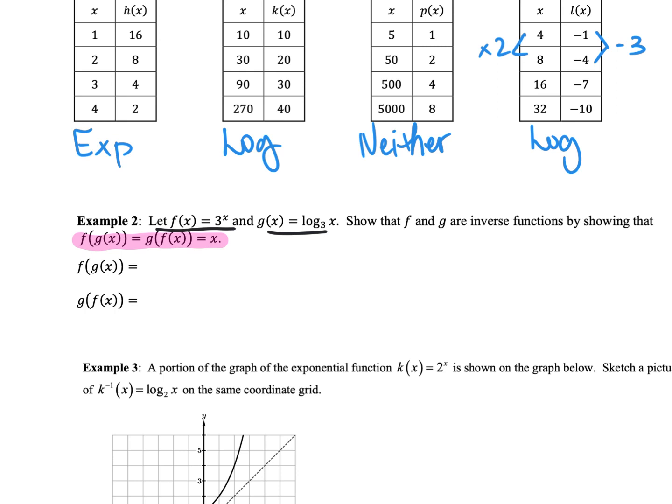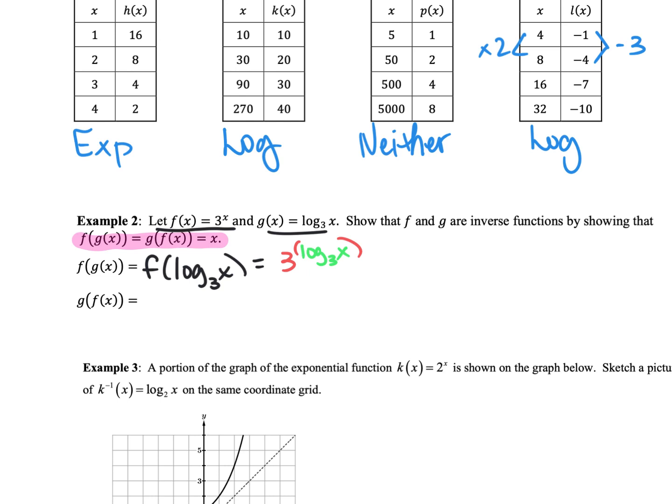So when I look at this one, I want f of g of x, which means everywhere that I have an x in f, I'm going to plug in that log base 3 of x. Okay. Well, we know exponential and logarithmic functions undo each other.